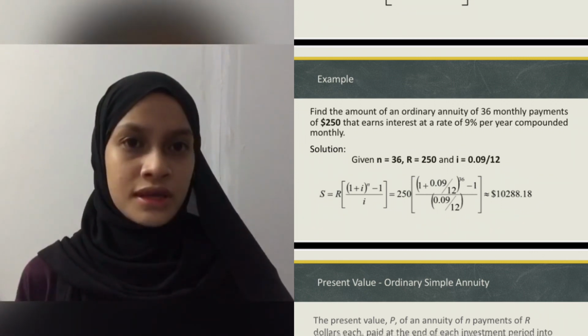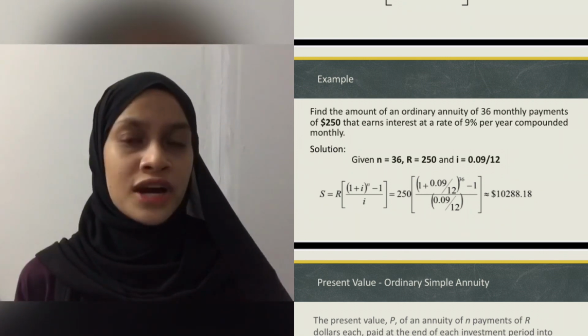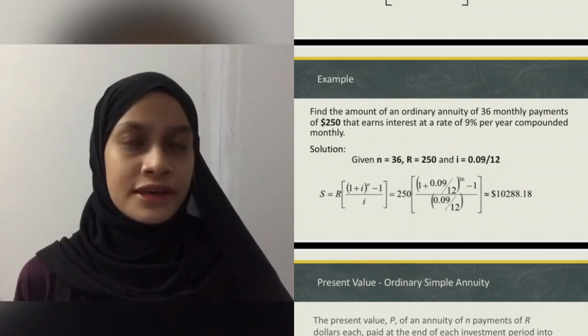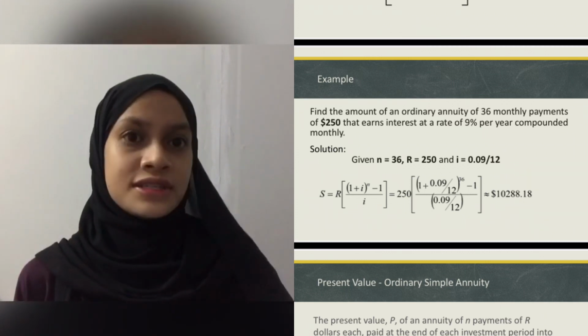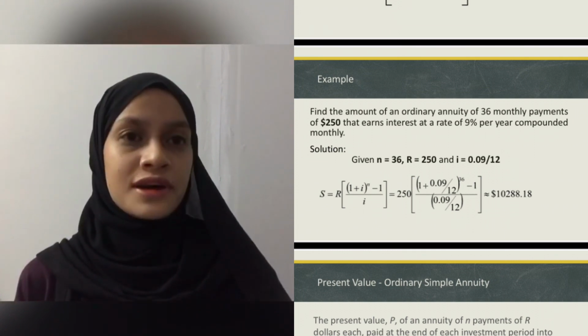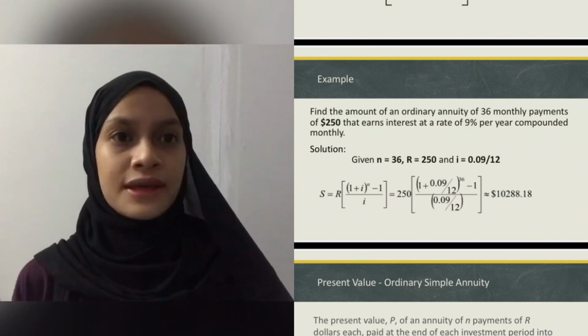So the solution, given N is 36 and R, the payment, is 250, and the interest rate is 0.09, and we need to divide it by 12 because it is compounded monthly, and we can easily get the answer by using the formula of future value of ordinary simple annuity.